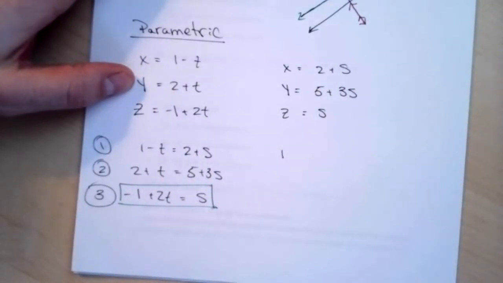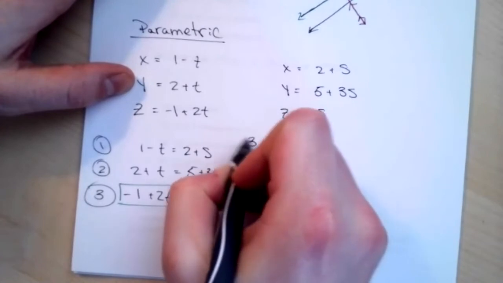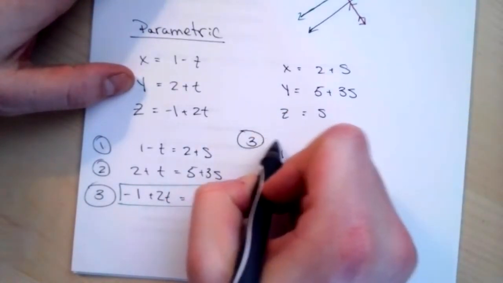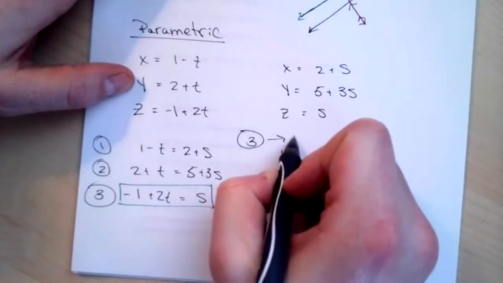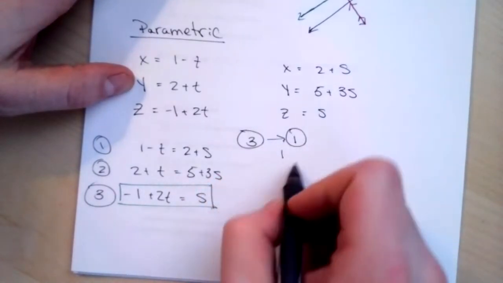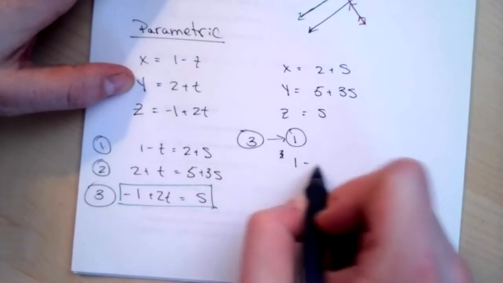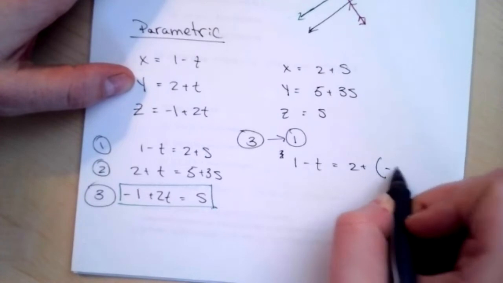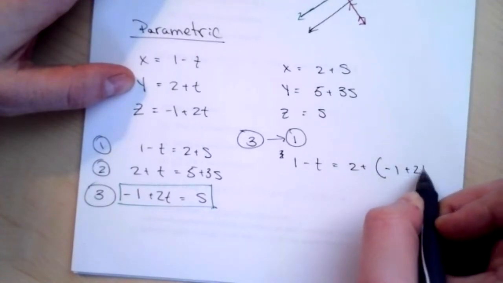I usually like to write my steps. This will be important for linear algebra. You'll do a lot of stuff like this. So I usually stick 3 into equation 1. And so what are we going to get? We'll have 1 minus t is equal to 2 plus minus 1 plus 2t.